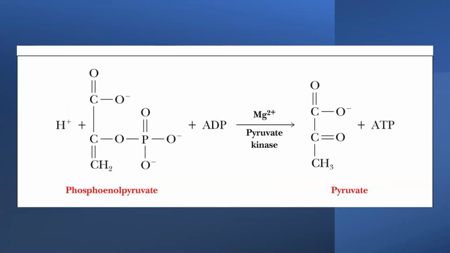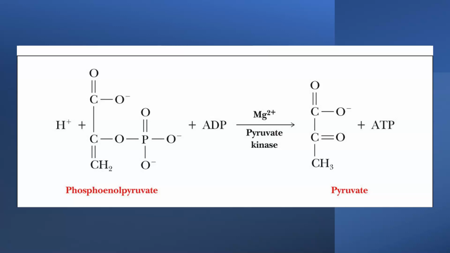And that phosphoenol pyruvate is then dephosphorylated in step 10. That lost phosphate group is used to phosphorylate ADP into ATP, and that leaves us with just pyruvate. Another parallel reaction. We had 2 PEPs coming into this. We dephosphorylated each of them.